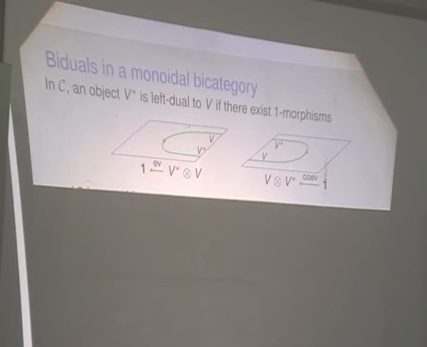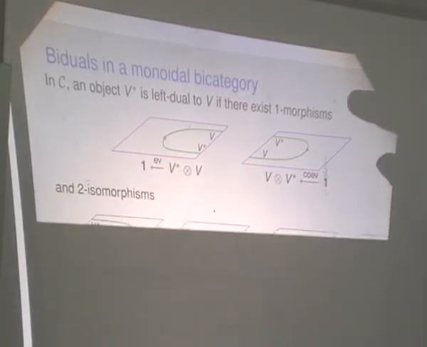So we want an evaluation map from the tensor of these two objects to the unit object, and the co-evaluation going the other way.